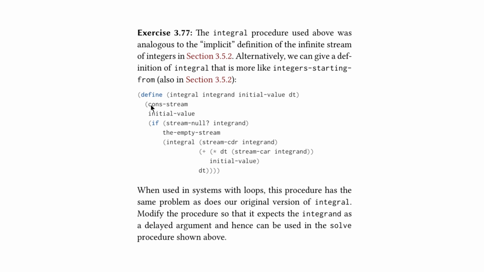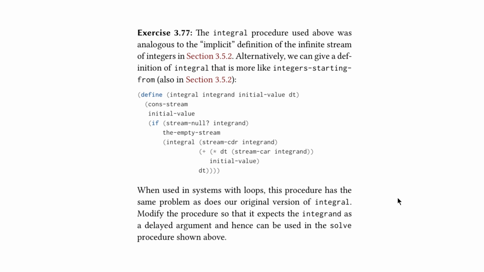3.5.2. So we have this definition of integral, which takes an integrand, an initial value, and dt, and then we have the following definition. The exercise goes on to read, when used in systems with loops, this procedure has the same problem as does our original version of integral. Modify the procedure so that it expects the integrand as a delayed argument and hence can be used in the solve procedure shown above.